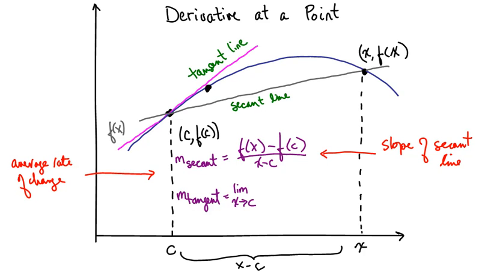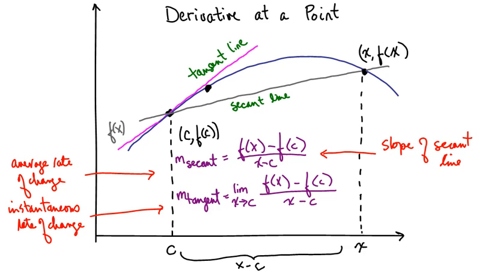But once again, we're going to use the limit concept here. We want the x value to get closer and closer, move to the left until it's infinitesimally close to c, and just about, or infinitesimally close to c is good enough. And that gives us the instantaneous rate of change, or the rate of change at that particular point. And that is the slope of the tangent line.